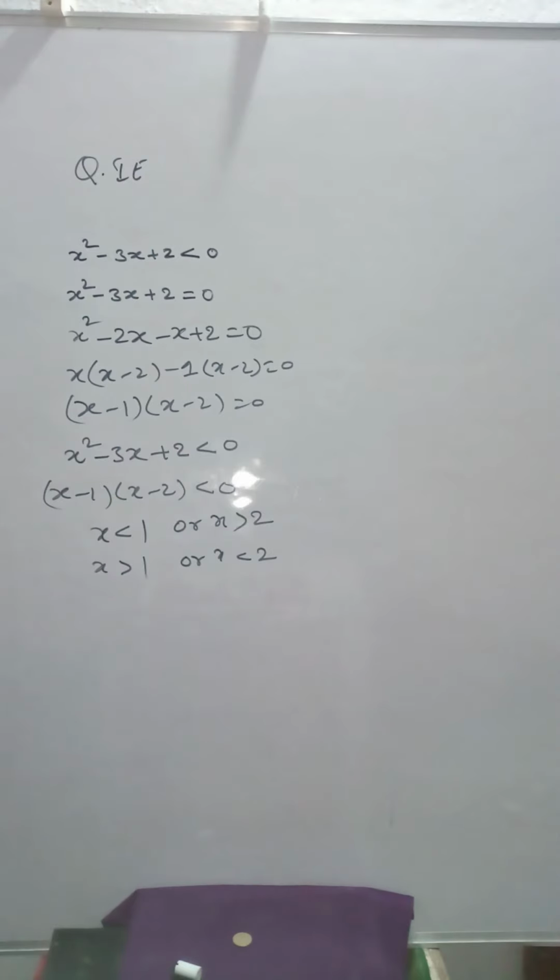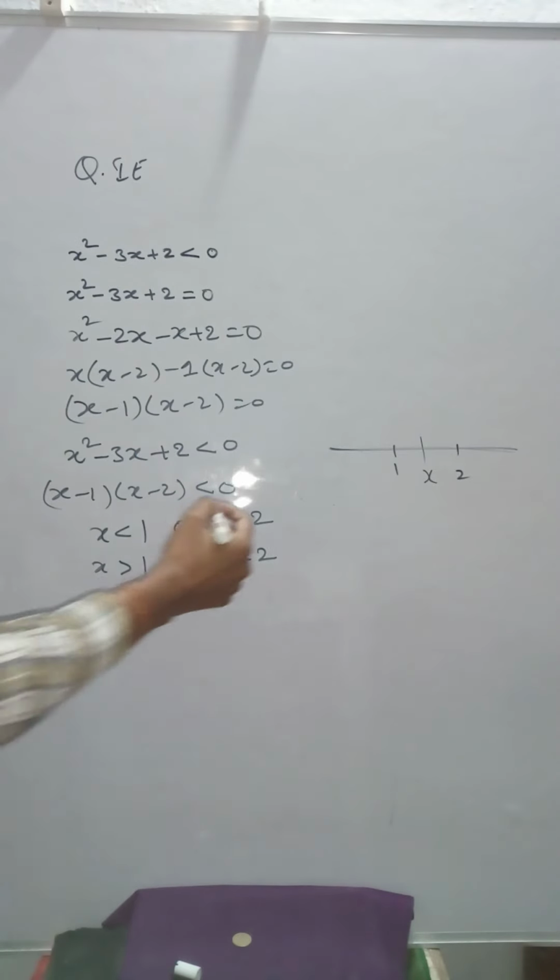Any one condition needs to be taken here. To understand this, if this is negative, ultimately this will be positive. So negative into positive results in a negative value, which is less than 0. If I take this one as positive, I should take the other as negative. Therefore, ultimately the total will be less than 0. That condition needs to be followed here.